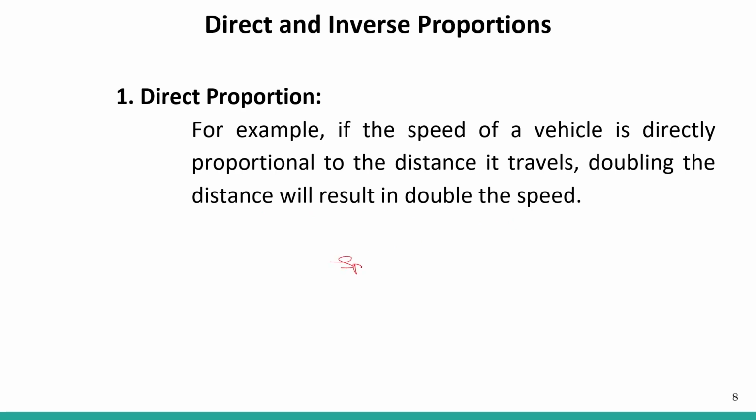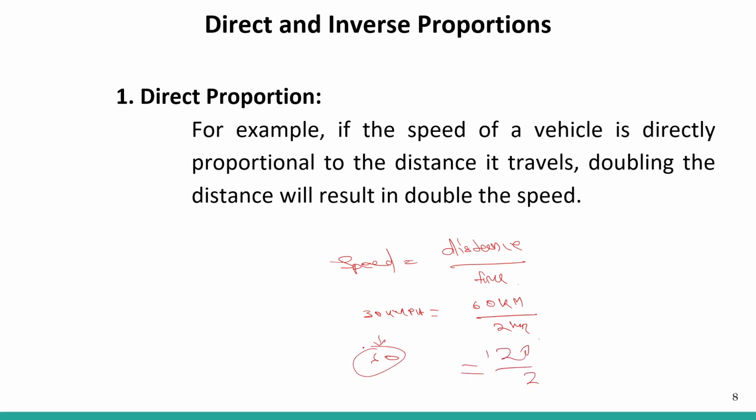We know the speed distance formula, that is speed is equal to distance upon time. So if a vehicle goes at a speed of 30 km per hour, let the distance be 60 and the time be 2 hours. If we double the speed, so 30 becomes 60, the distance in the numerator will become 120, so 120 by 2.